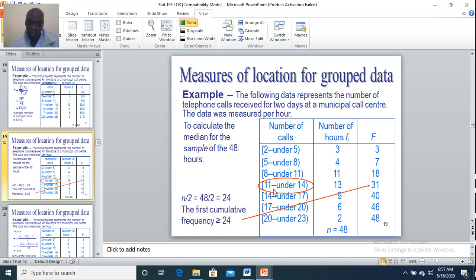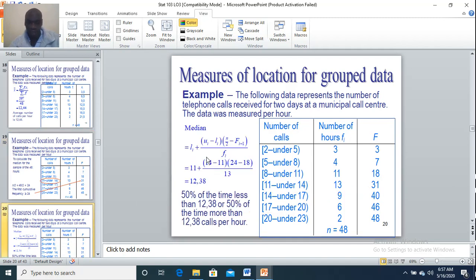This is going to be our lower limit. This is going to be our frequency of the group. Then the frequency before is this one, because we are in this group, so before is this. So we use this formula. The upper limit of that group is 14 minus 11, so the width is 3 here.